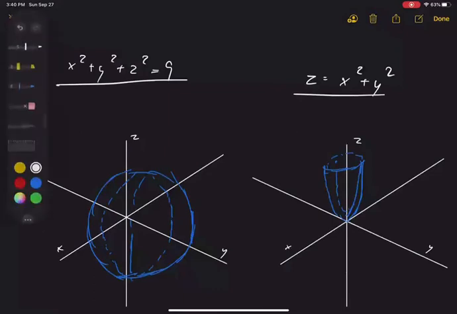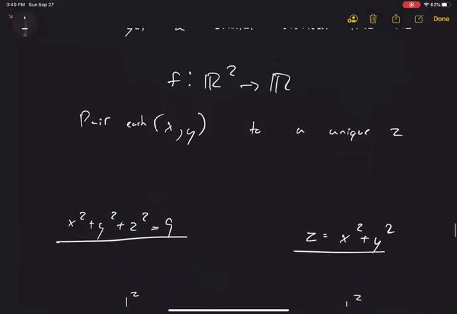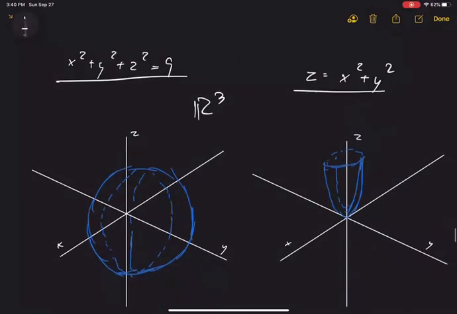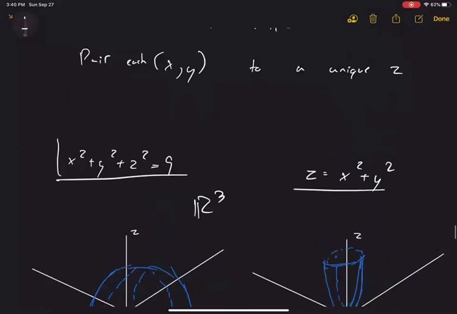So what does our vertical line test look like for these functions or these curves in R3? We're in R3 now for both of these, and we want to know, is this equation, let's work with this equation first, a function from R2 to R?